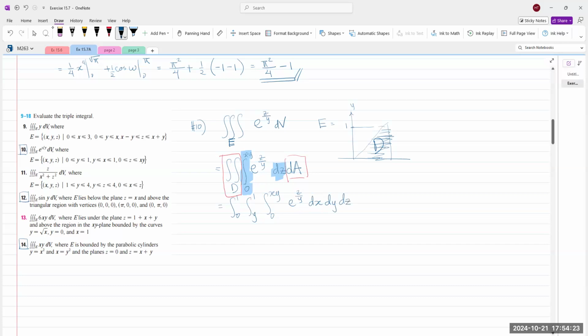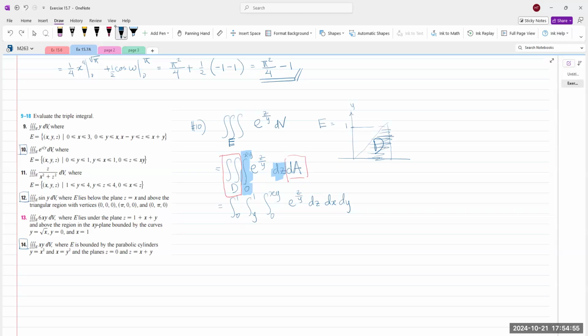The variable for the outer integral is y. These are the corresponding limits. The middle integral, the variable of integration is x. These are the corresponding limits.